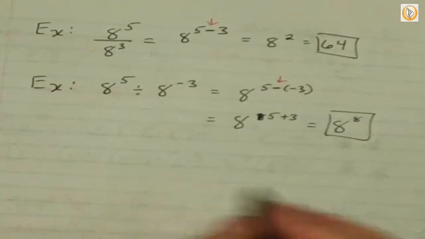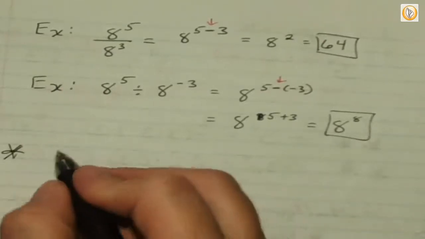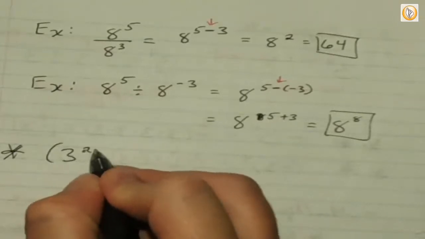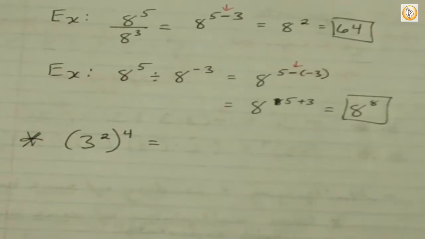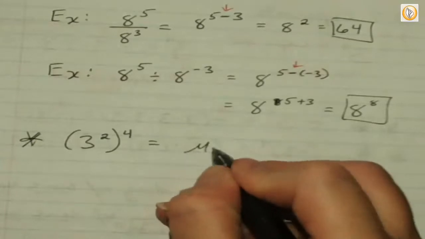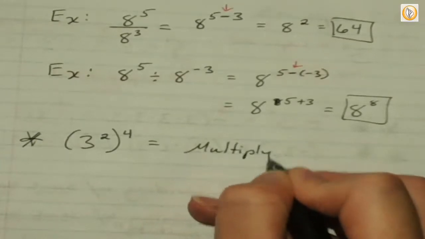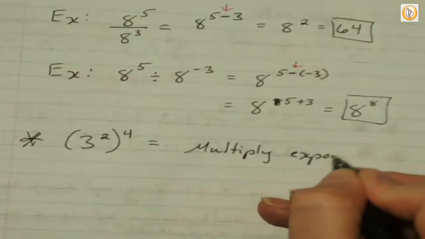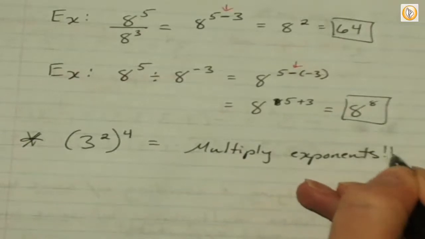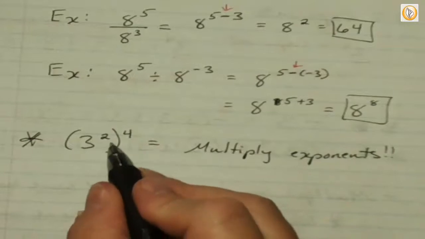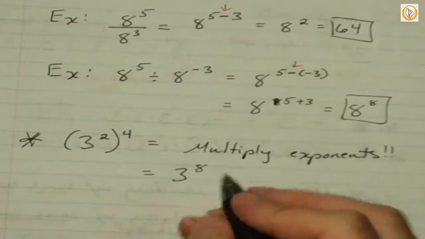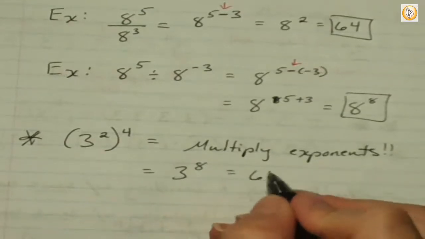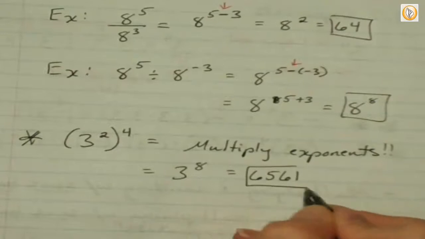What about a power raised to a power? Who remembers how to do that? Gabby? You multiply exponents. So, Gabby, what's 2 times 4? There you go. And if you were to work it out, you would get this answer.